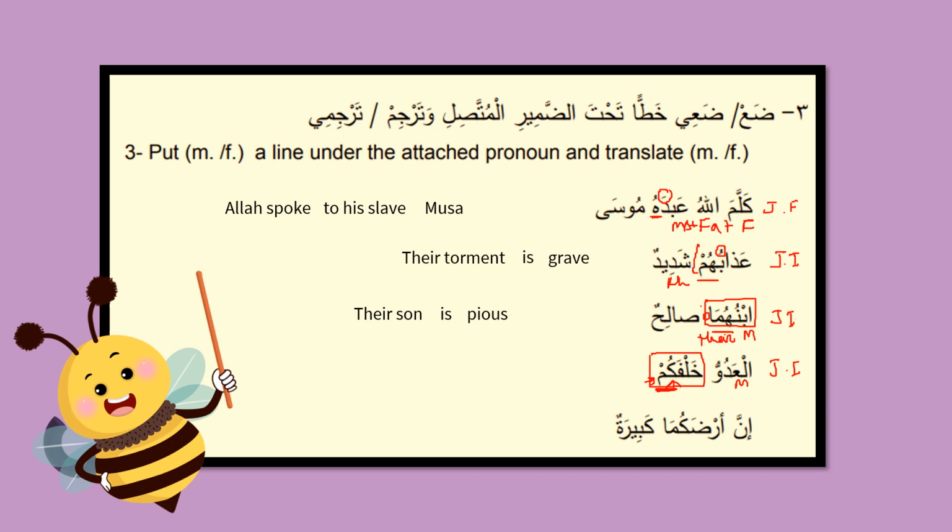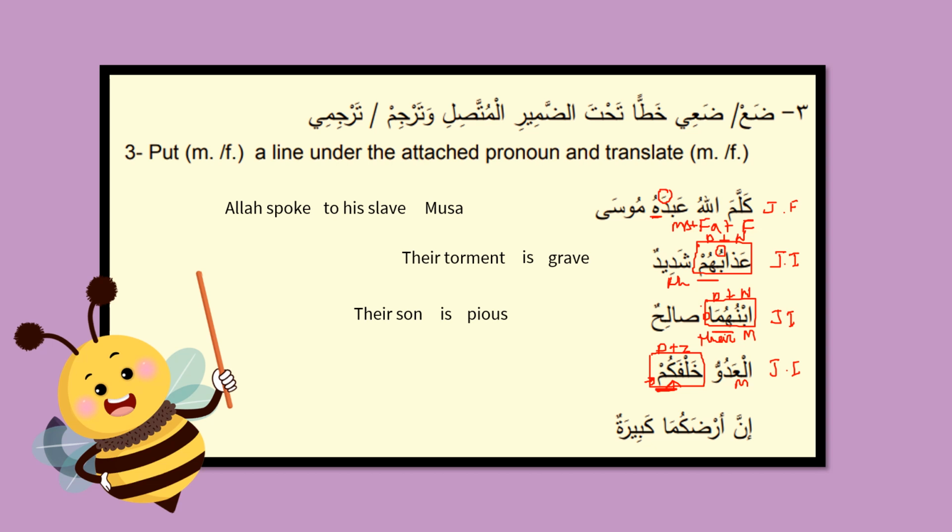Similarly, adhabuhum all together is an idafa. So here noun plus damir, here also noun plus damir, and here zarf plus damir. It's an idafa. Remember, after the zarf, the damir is in the position of mudaf ilayh.